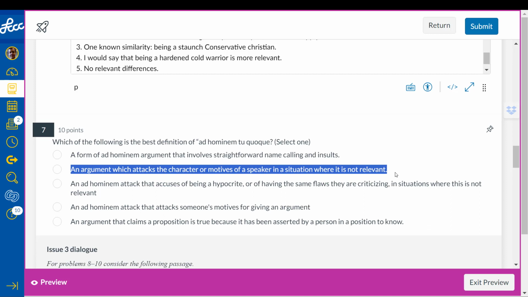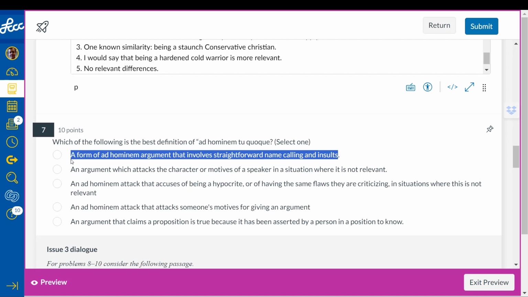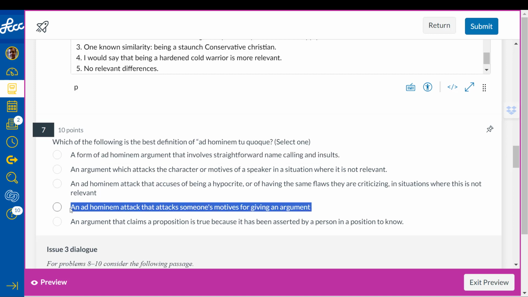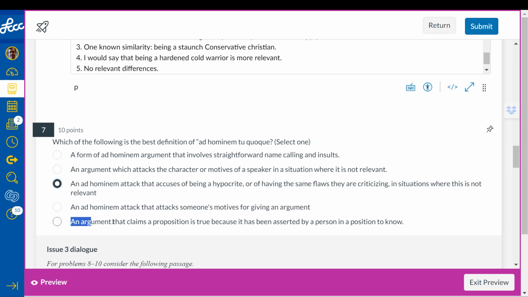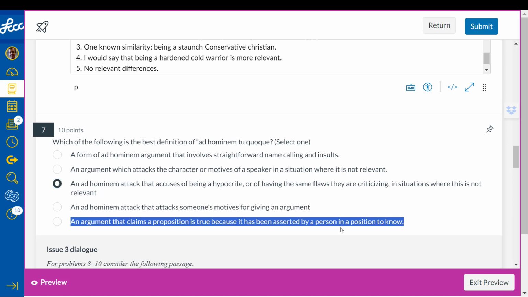This is a specific kind of ad hominem. And you can see actually that this is a different specific kind of ad hominem. That's the ad hominem abusive. This one is the ad hominem circumstantial. This is the one we want. This one isn't even an ad hominem. All right.